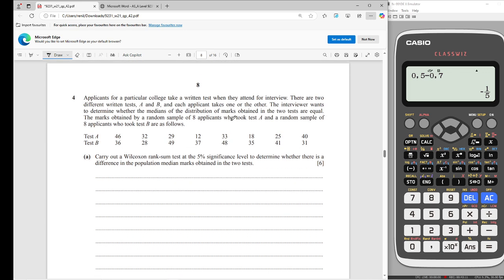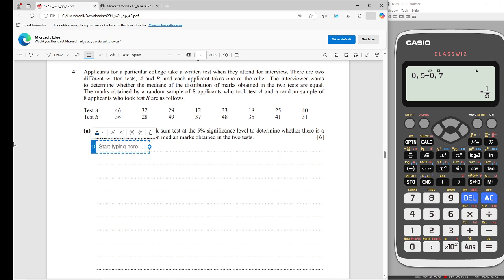Moving on, we have a Wilcoxon rank sum test. For this one, I'd suggest numbering in ascending order first. So let's start with test A. Let's rank them in ascending order first.